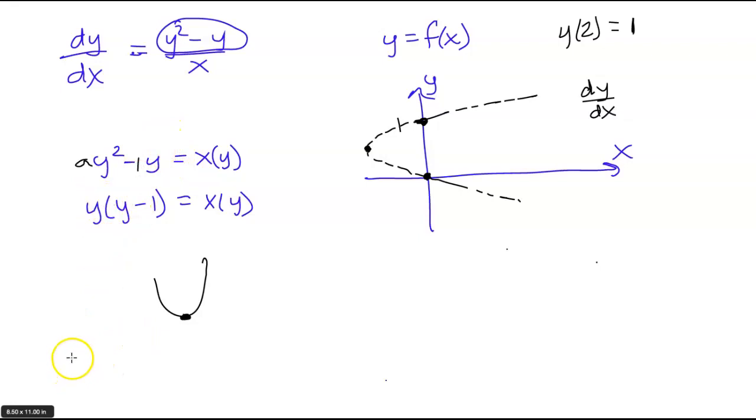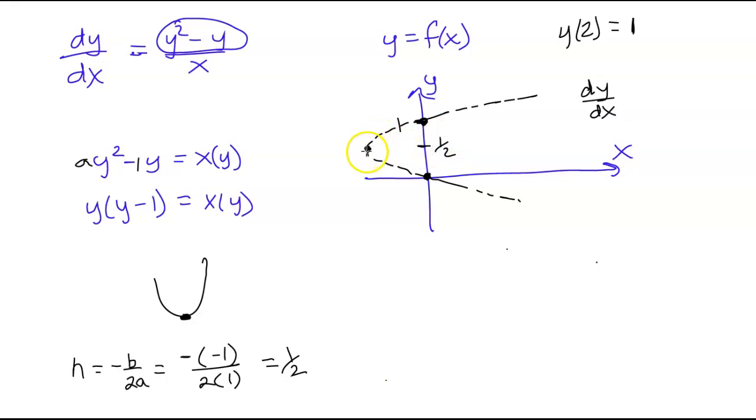And of course, we know the coordinate for the vertex is minus b over 2a. In this case, that is minus (-1) over 2 times 1, which is 1/2. So this lets me know that the vertex is at positive 1/2.